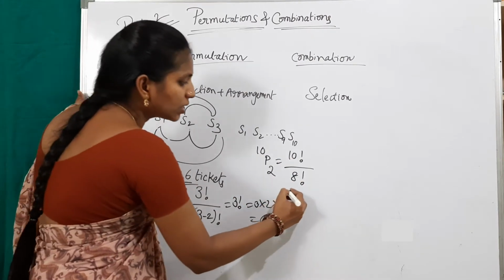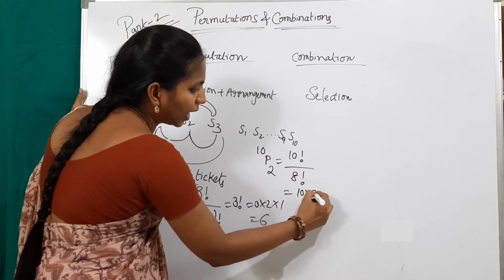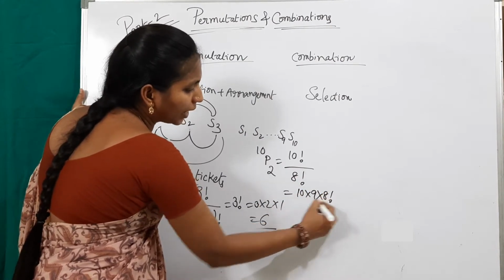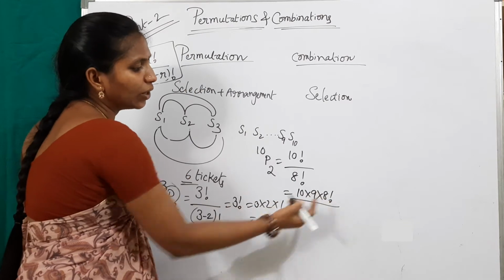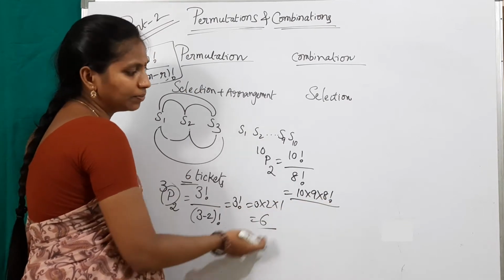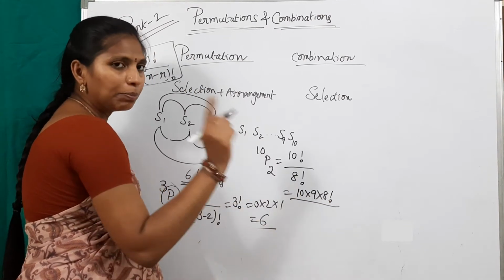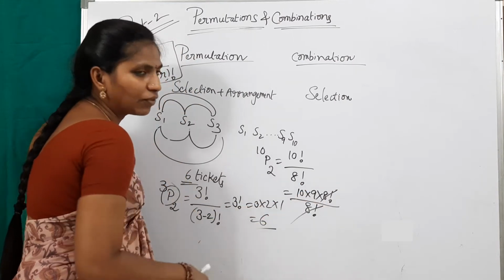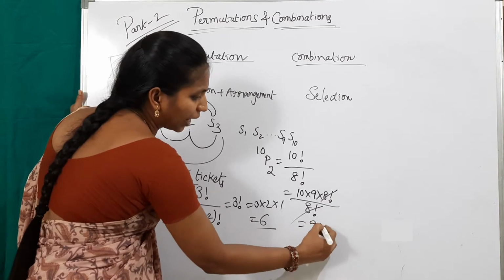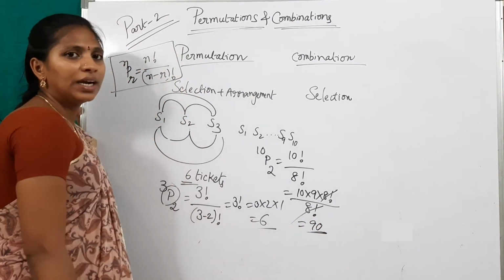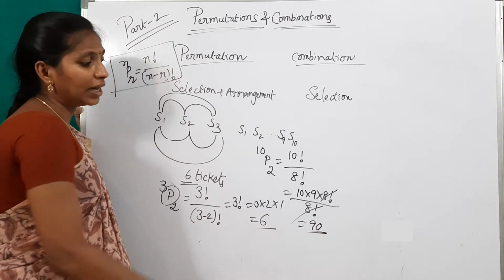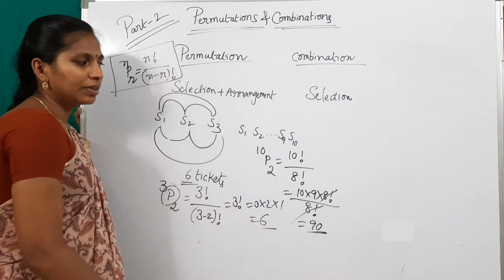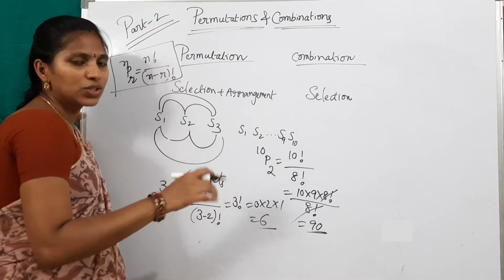What is the simplification? I write 10 into 9 into 8 factorial. Already I have explained it in part 1. Then 8 factorial and 8 factorial get cancelled. That equals 90. How many different tickets must be printed? 90 tickets, if there are 10 stations.